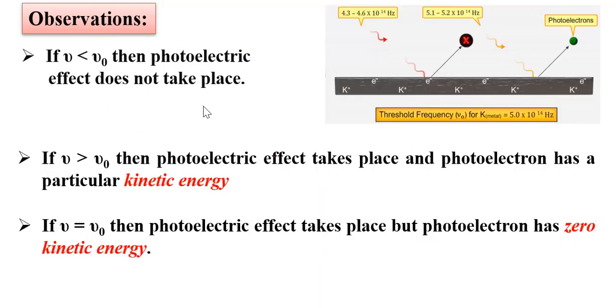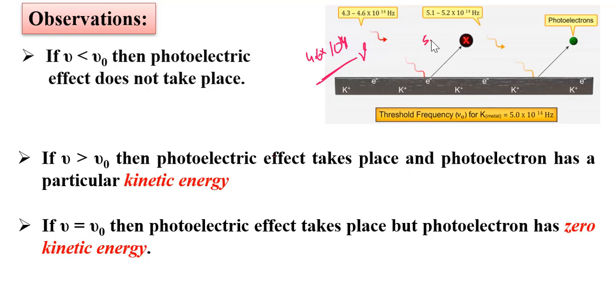For the threshold frequency you can see the figure here. See, potassium is there; while hitting with 4.6 into 10 power 14, that is the frequency, then there is no ejection of electron.